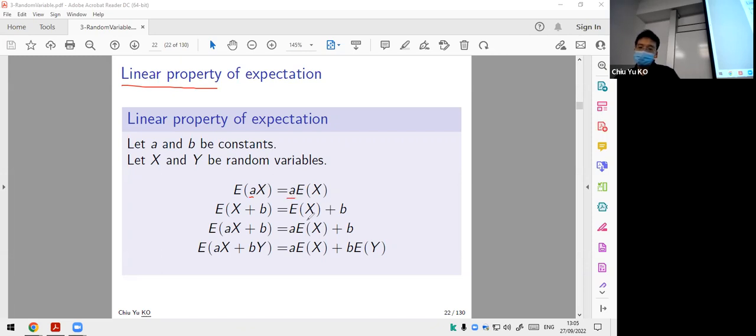And if the random variable adds some number, you just add it out. Combining these two, if you have a linear transformation, you multiply something plus some constant, you can calculate the expectation first before you do this. Similarly, if they're adding two things, you can take out the A and do it.